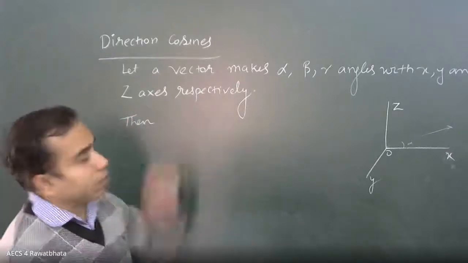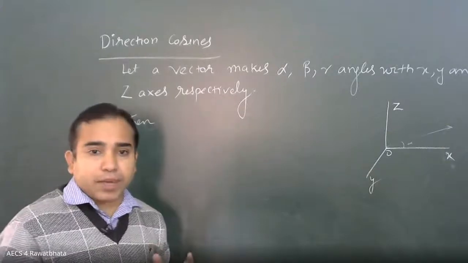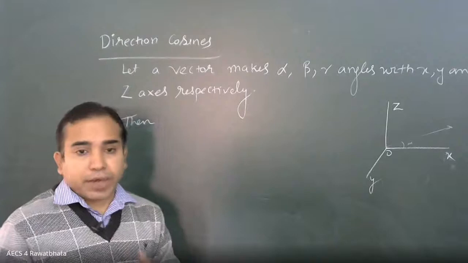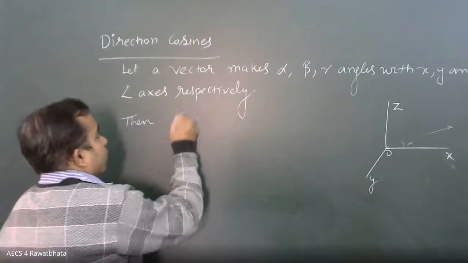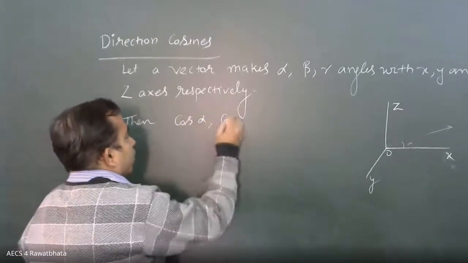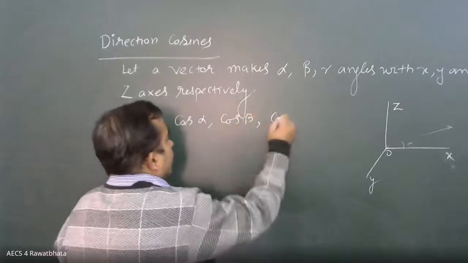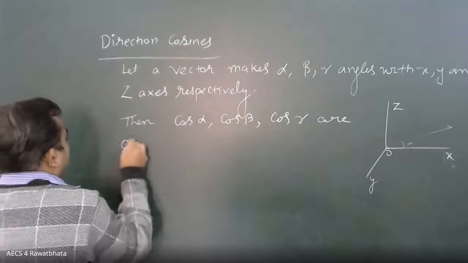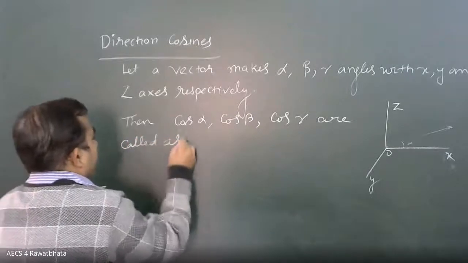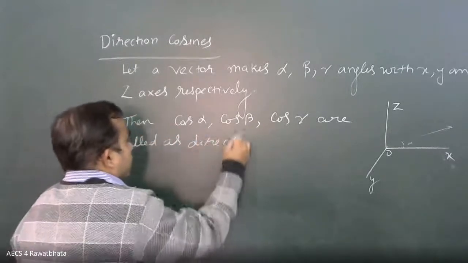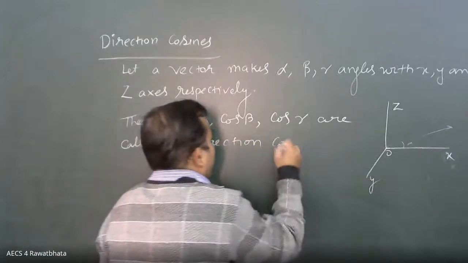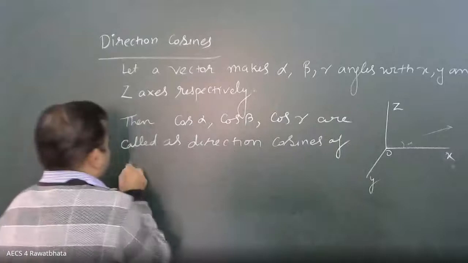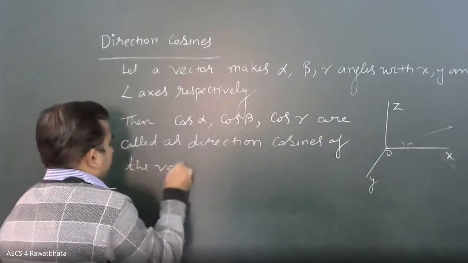Of the angles. If you take the cos of the angles, they are called direction cosines of the vector. Then cos alpha, cos beta, cos gamma are called direction cosines of the vector.